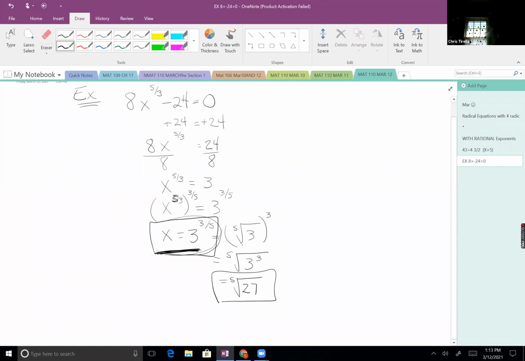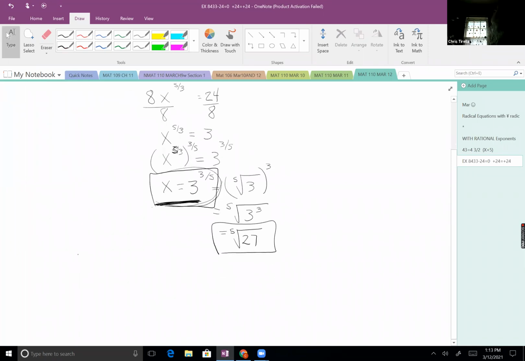Again, usually when I do them computationally, I say that the denominator is the index and the numerator is the exponent, but I can't take the 5th root of 3, it's an irrational number. And so sometimes it's easier if you use the exponent first and then take the root.